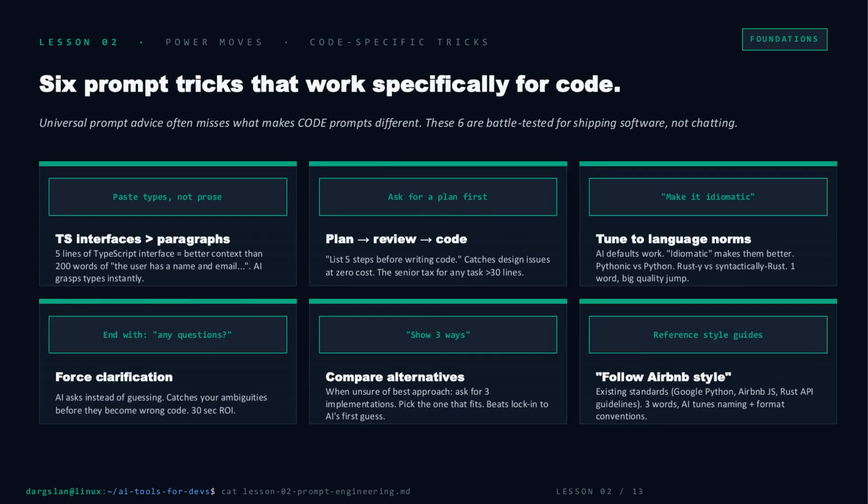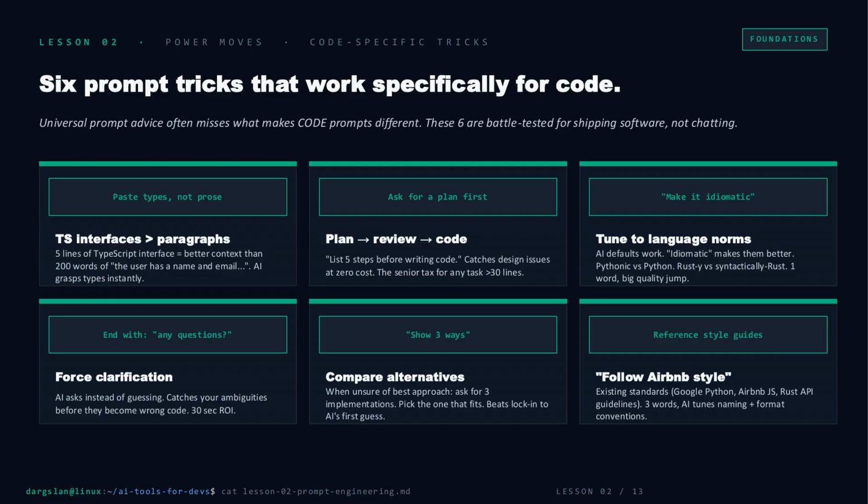So let's talk tactics. 6 tricks that punch above their weight for code specifically. Paste types, not prose. A TypeScript interface gives the AI more signal in 5 lines than 5 paragraphs of description. Ask for a plan before code, then review it. That's the senior tax on anything over 30 lines.